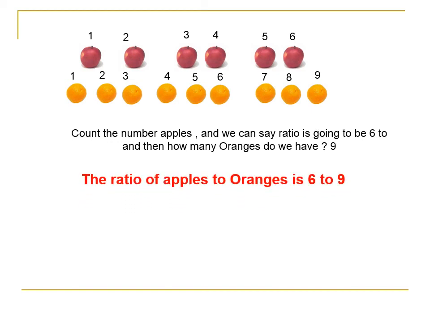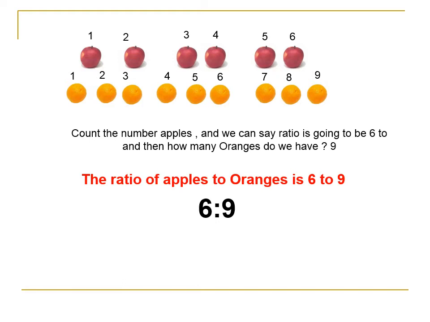So the ratio of apples to oranges is 6 to 9. And we can write this in a different way. We can use the colon, so we can write it 6:9. But you would still read the ratio as 6 to 9.